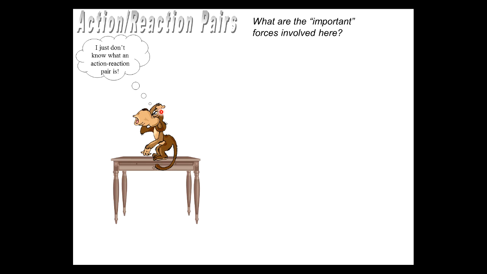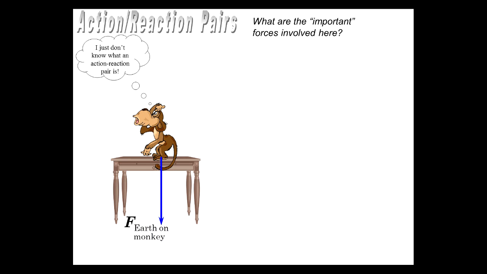It's a small brain case. And even as small as it is, a lot of that space is taken up with non-brain material. So it's not too surprising that he doesn't know what an action-reaction pair is. But you are about to understand what it is.